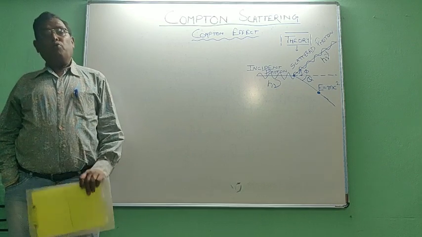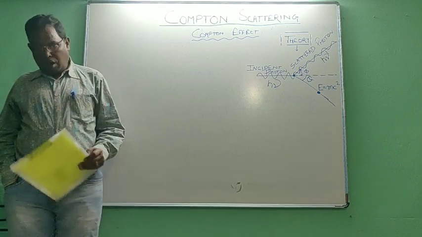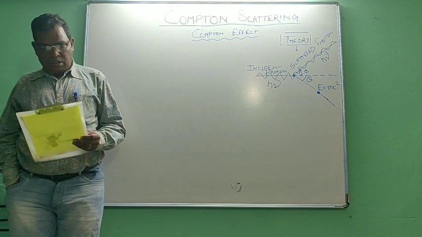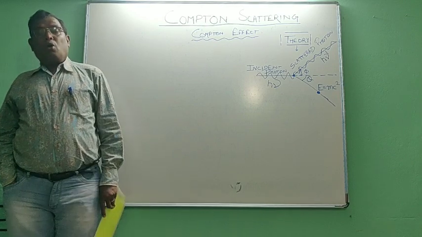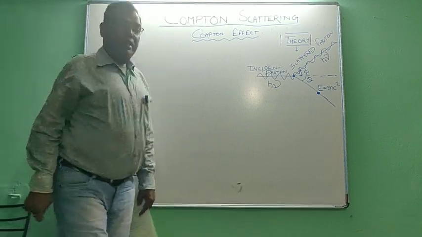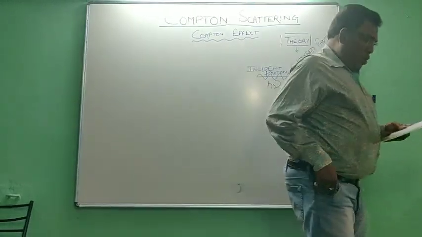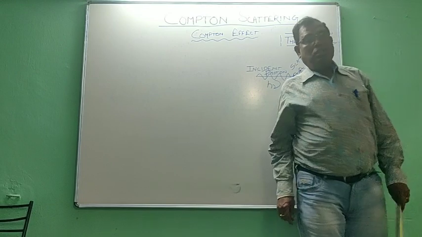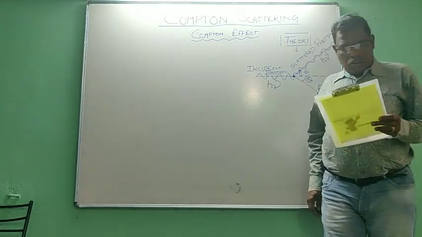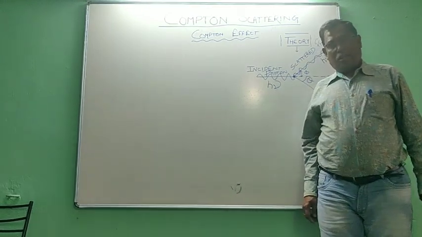These photons move with the velocity of light and obey all the laws of conservation of energy and momentum when they strike the electrons of the scatterer.